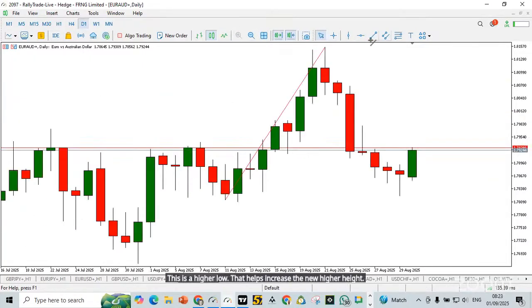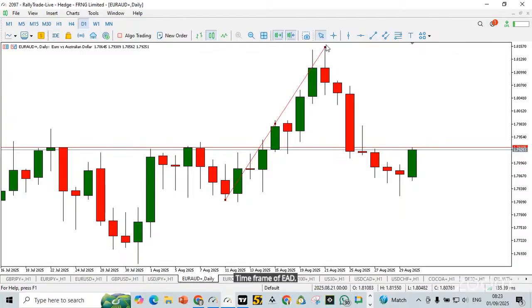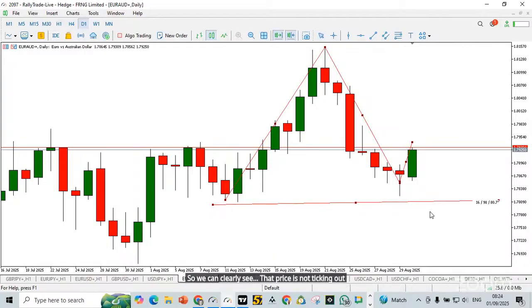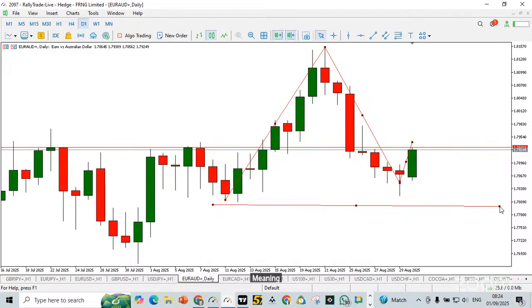Then from this higher high, presently on the daily time frame, it is back now to create a new higher low, for the continuation of the up. So we can clearly see that price is not taking out the previous higher low, meaning showing signs of the continuation of the uptrend, showing stronger signs of the continuation.